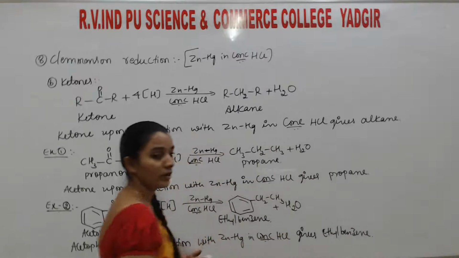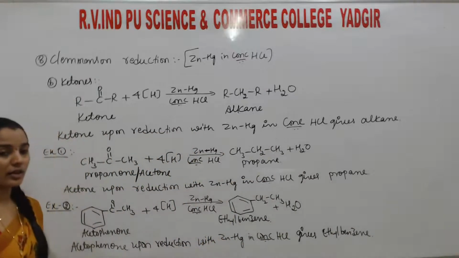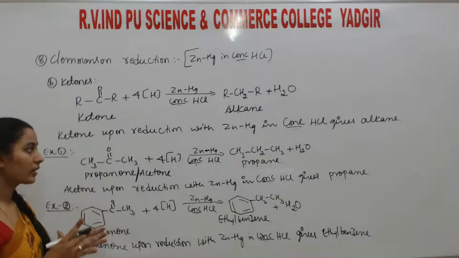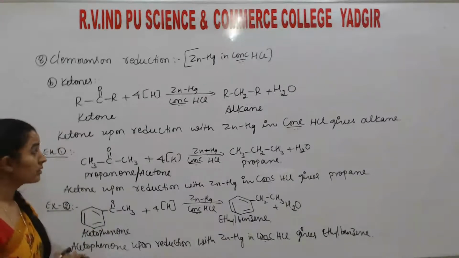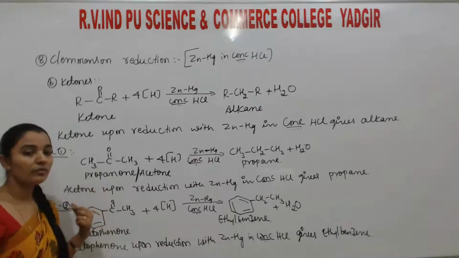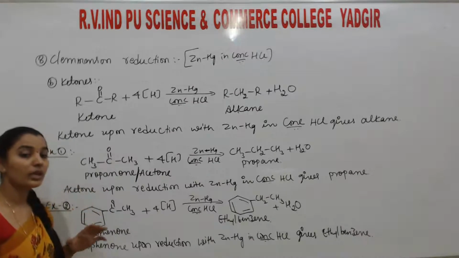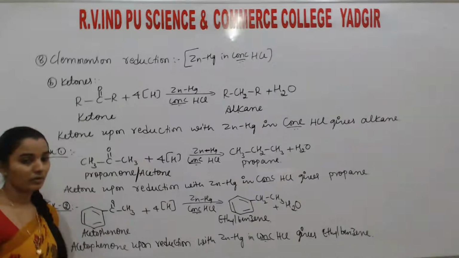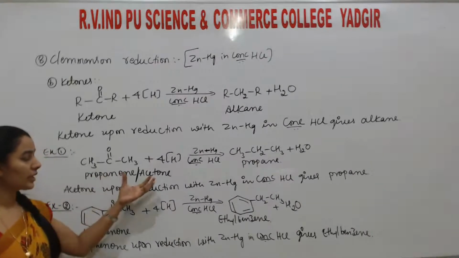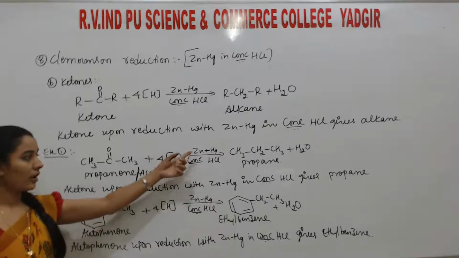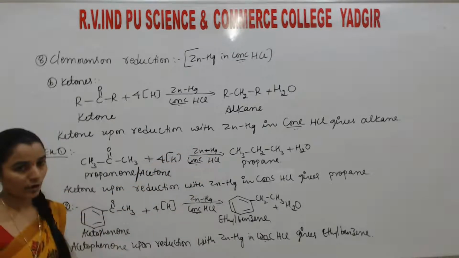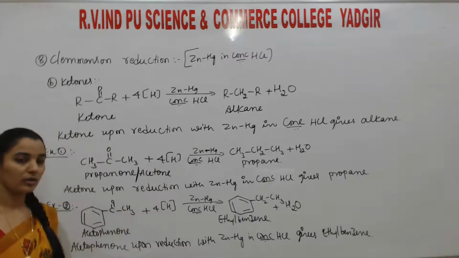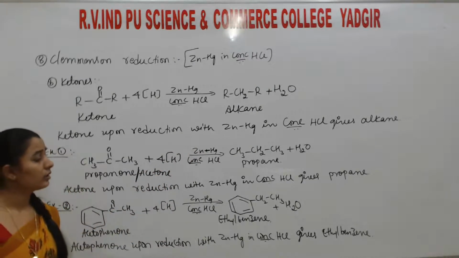This is what? The Clemmensen reduction reaction for both aldehydes and ketones. They want our students, when asked, to write the preparation of alkanes from ketones and name the reaction. Okay, so they make you complete the reaction: this is the question mark and the product. You need to write the reagent of the Clemmensen reduction based on the product.